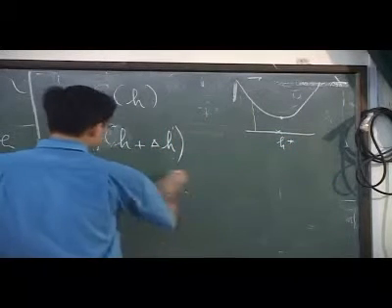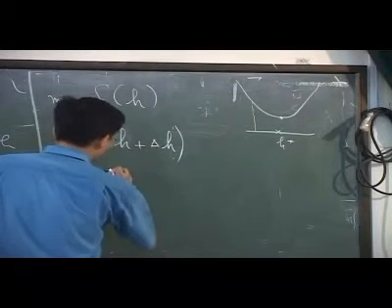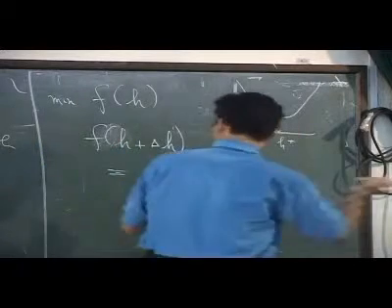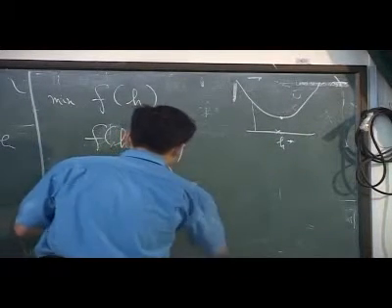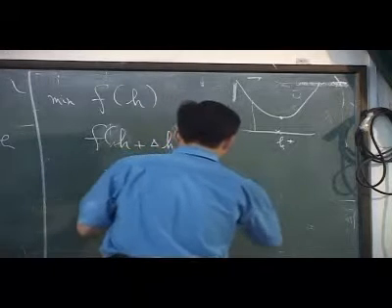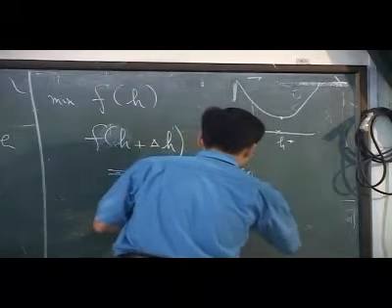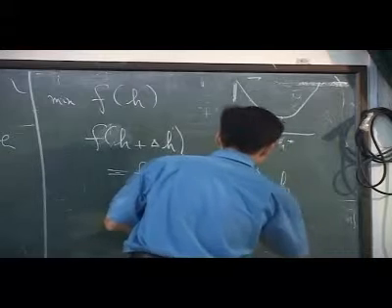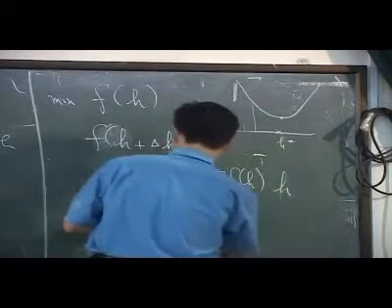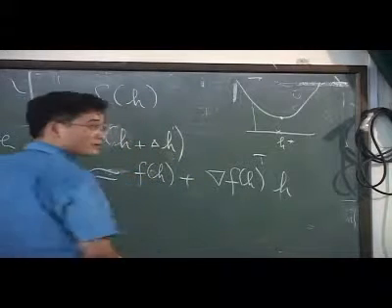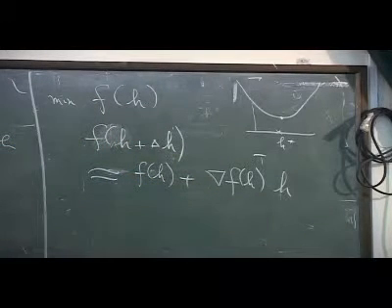So I do this, and you note that using the Taylor series in the first order, f of h plus delta h is approximately equal to f of h plus the gradient of f of h transpose times delta h. This is an approximation, the first order expansion of the Taylor series.